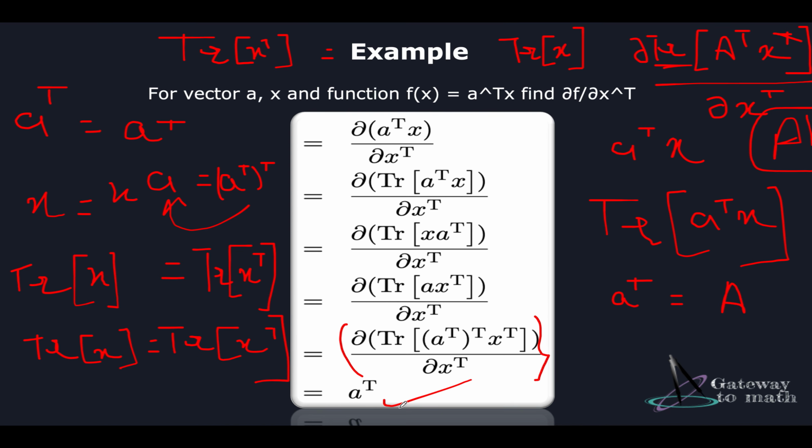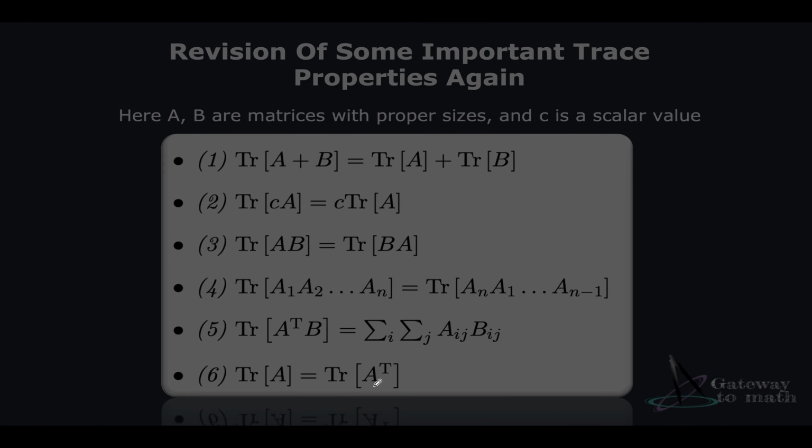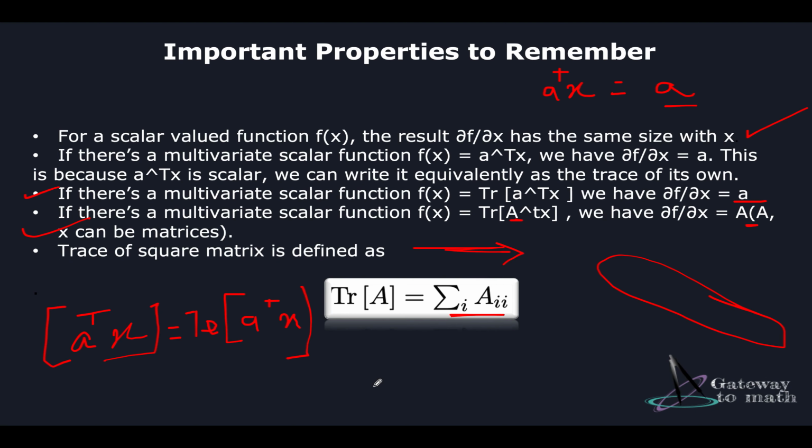A few of the most important properties that we've used are property 6 right here, that trace of matrix A equals trace of transpose of the matrix, and some of the properties which we discussed right here. This one, that the derivative of trace of transpose of A times x equals the value A itself, and trace of transpose of A times x equals trace of transpose of A times x.